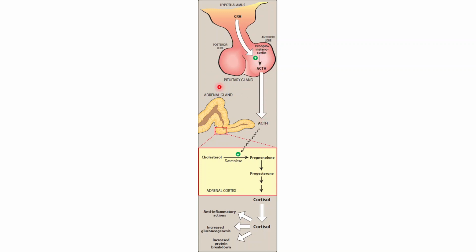To distinguish between these two, the patient is given the corticotropin, and if it relieves the symptoms, then the reason is the pituitary. If it's not effective, then the reason is the adrenal gland.